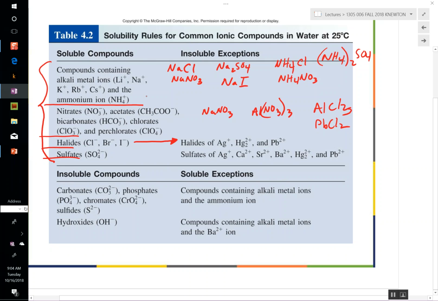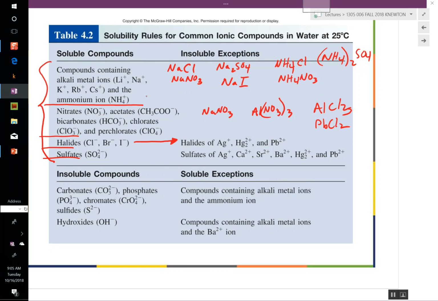That's what this other column tells you. So over here in the first 2 segments right there, no exceptions. There are no exceptions. You get down to the halides, there is an exception. Lead chloride or lead bromide or lead iodide is not soluble in water. That's an exception to this general guideline that halides are generally soluble in water, but not these.